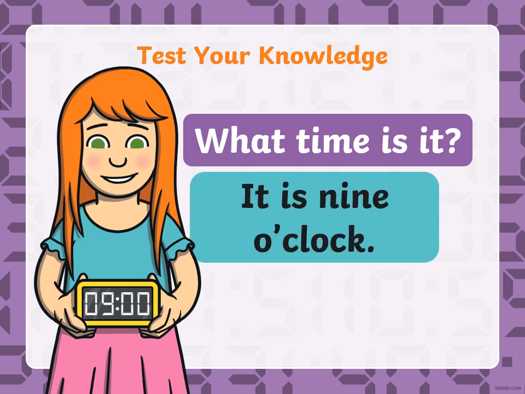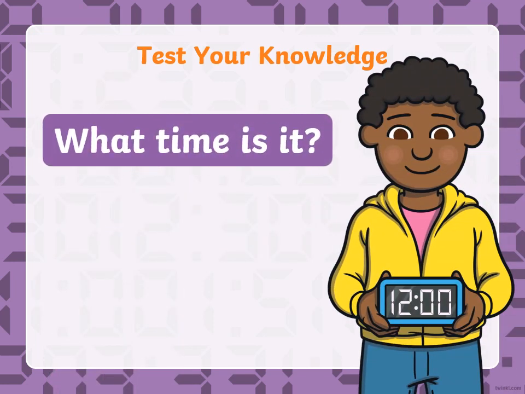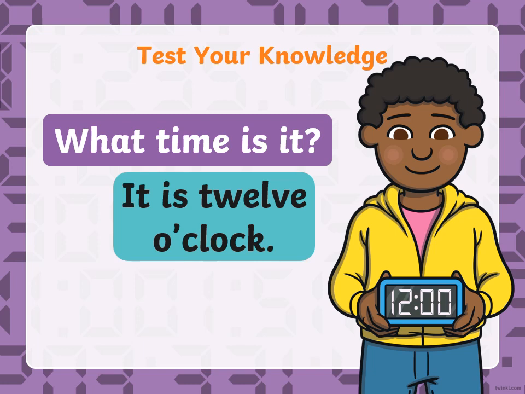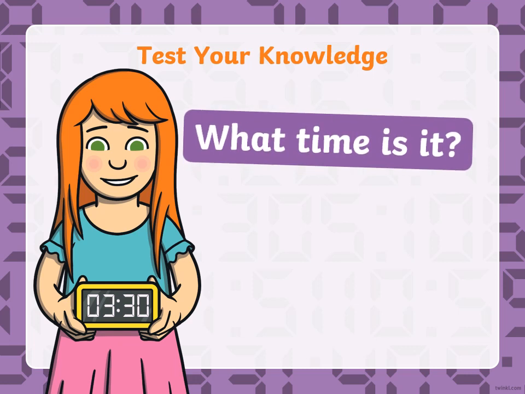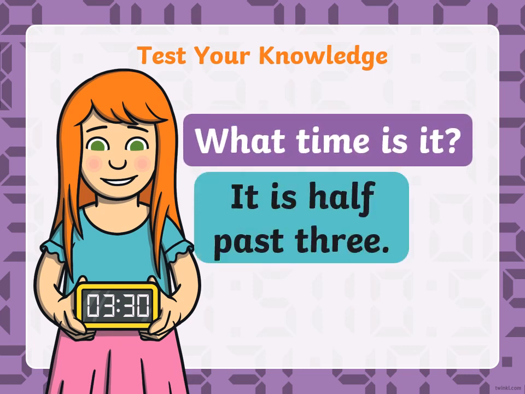It is 9:00. What time is it? Do you know? Say it aloud. That's right, it's 12:00. What time is it? It is 3:30. Do you think you could say that another way? Have a think. Start with the 3. Half past 3.